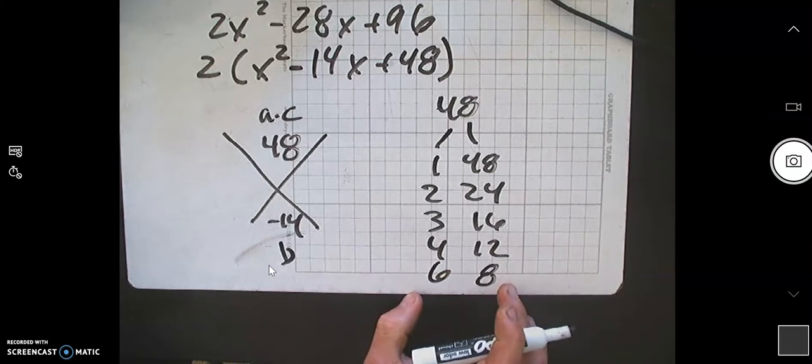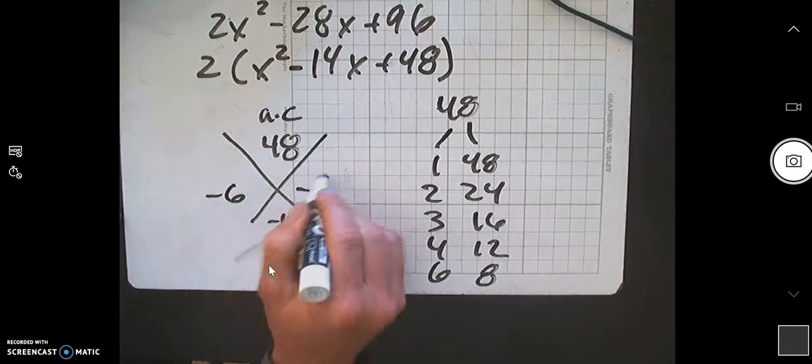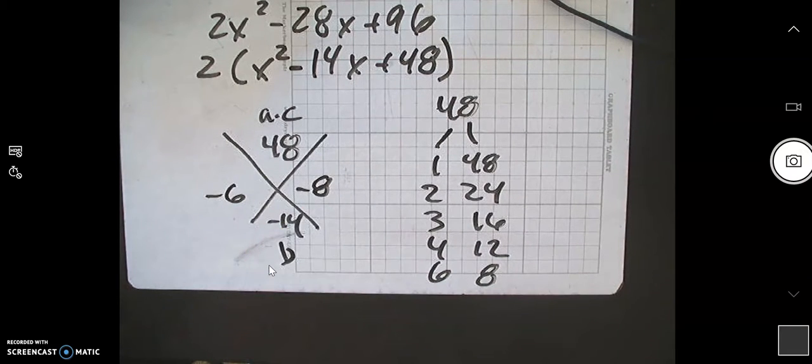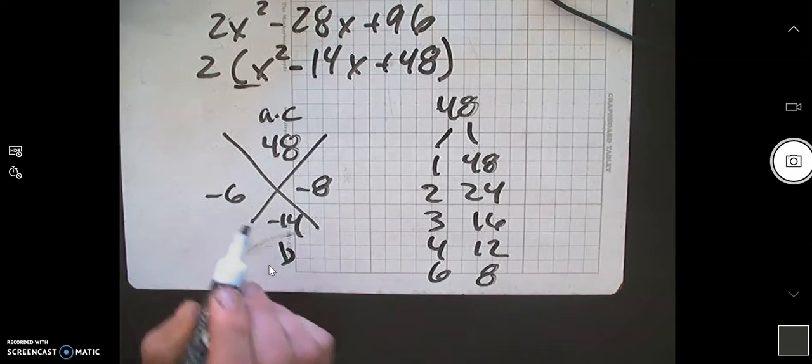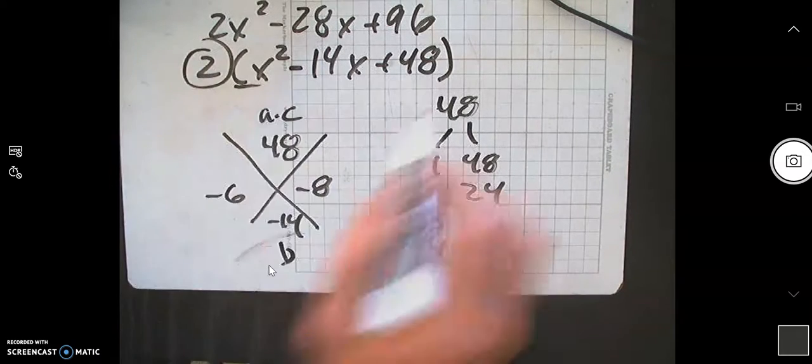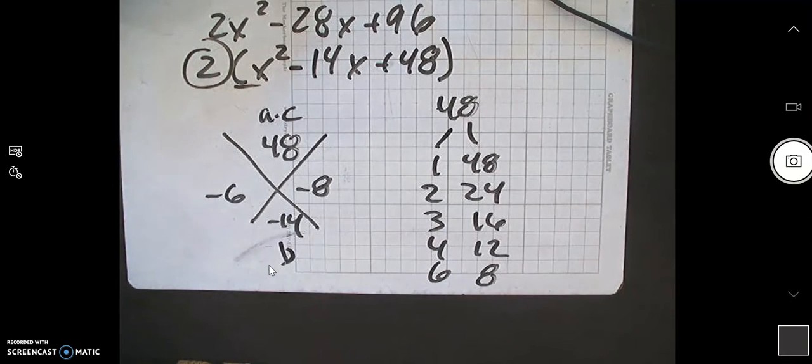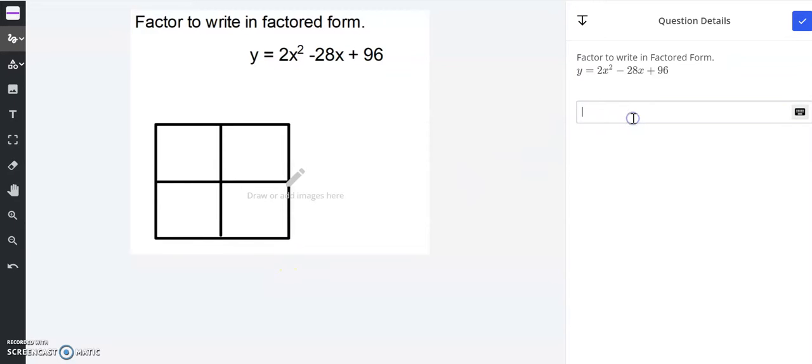Well, if both of these are negative, then we get -14. And because a is 1, we don't need to do the reverse box method. So our factors are x minus 6, x minus 8, with the 2 out in front. So y equals 2 times x minus 6 times x minus 8, like that.